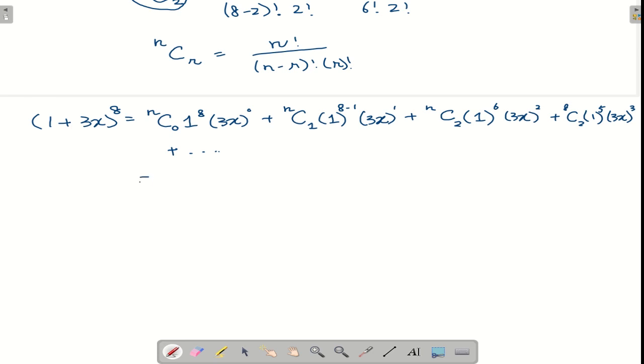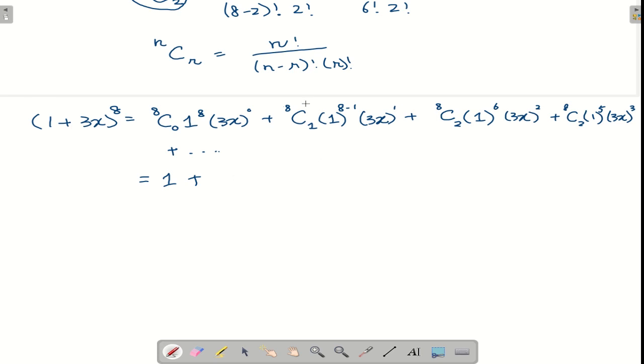So nC0 is 1, and (3x) to the power of 0 is also 1. We change n to 8 because in this question n is equal to 8. So 8C1 is 8, and 1 to the power of 7 is 1, multiplied by (3x) to the power of 1, which is 3x.